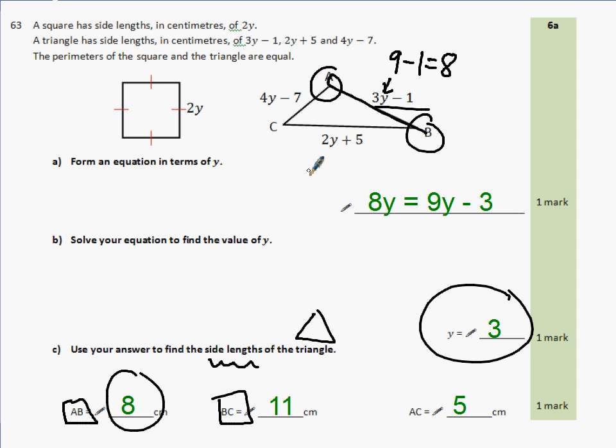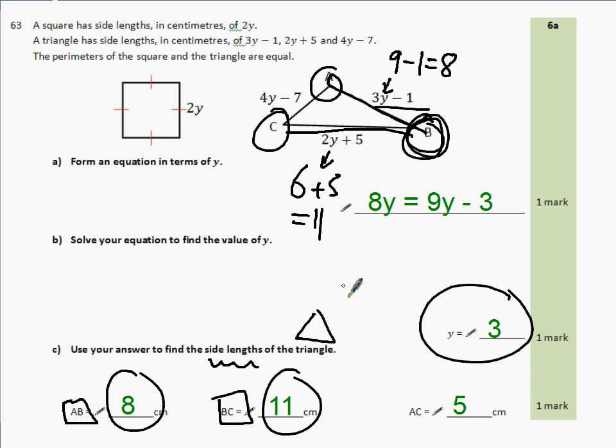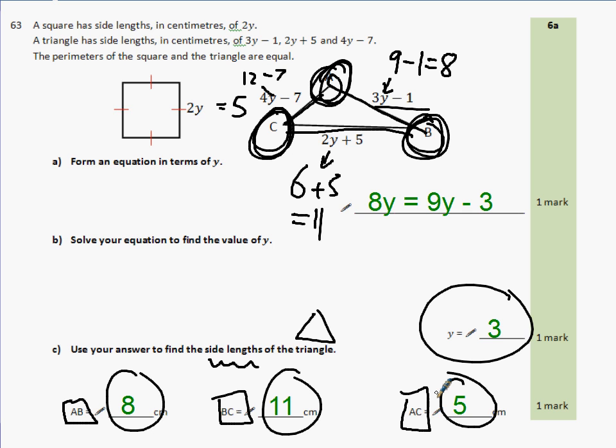The side BC is the side from B to C, and that's 2y plus 5, so that bit is 6, and then we have to add 5, and you get 11. There's your answer, 11. And finally, AC is from here to here, so that's 4y take away 7. That means this bit is 12, we take away 7, we get 5. And I've written the answer there.